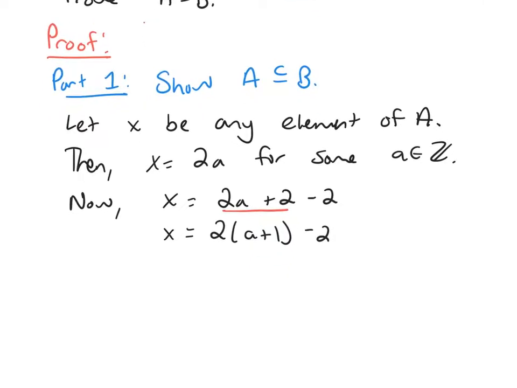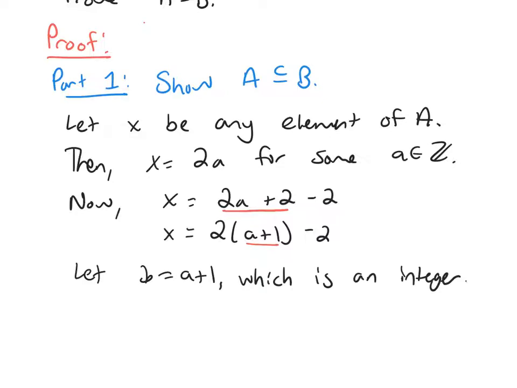So now this thing in parentheses I have here, this A plus 1, I'm going to call that B. So let B be A plus 1, which is an integer, because it's a sum of integers.